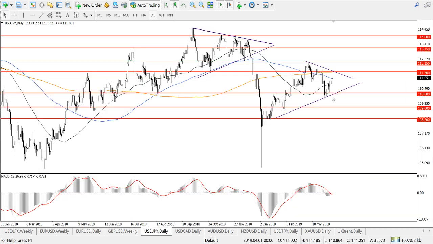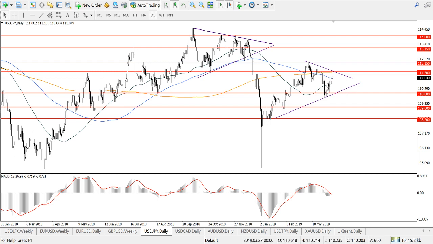Dollar-yen recovered from support around 110, and is approaching resistance at 111.50, where we have the resistance line connecting March highs, and it needs to overcome this level to get an opportunity to get to 112.15 and 113.15.